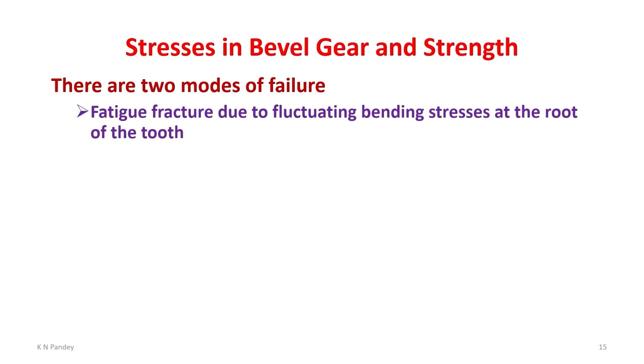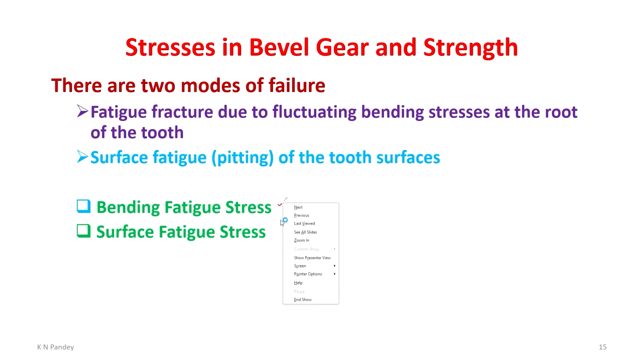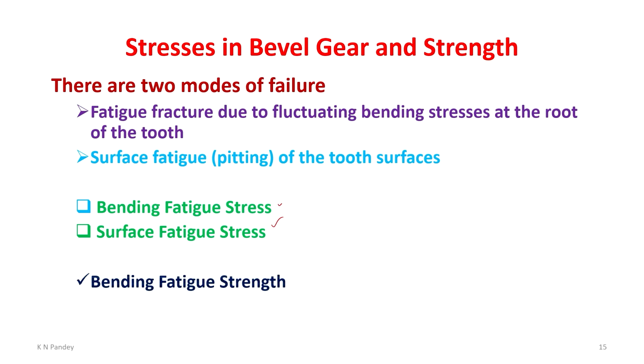So, the failure mode will be fatigue failure due to fluctuating bending stresses at the root of the tooth, and surface fatigue of the tooth surfaces. Then we have to determine the bending fatigue stress, and the surface fatigue stress, and thereafter the bending fatigue strength.